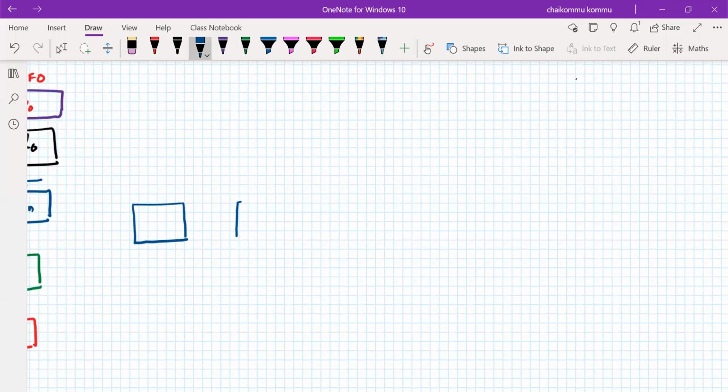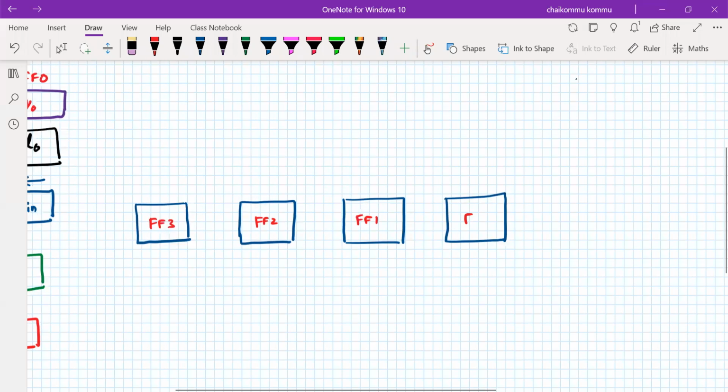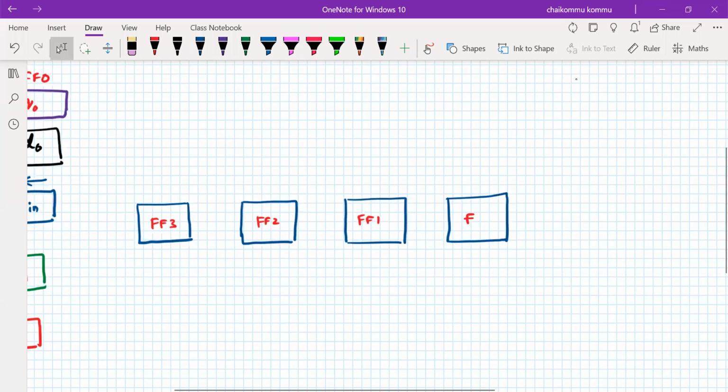Okay, 1, 2, 3, and 4. So this is called flip-flop 3, flip-flop 2, flip-flop 1, flip-flop 0.